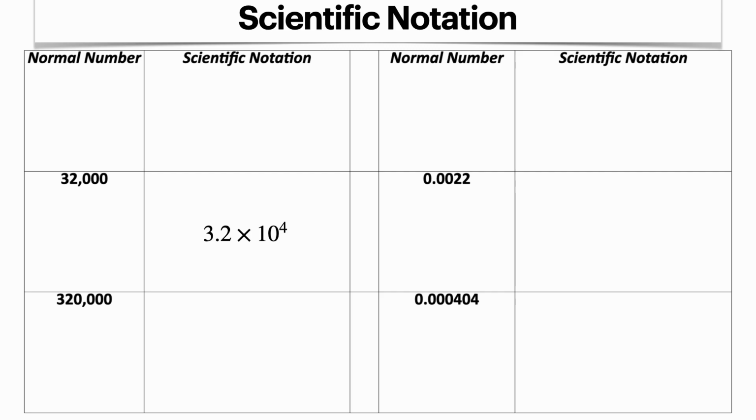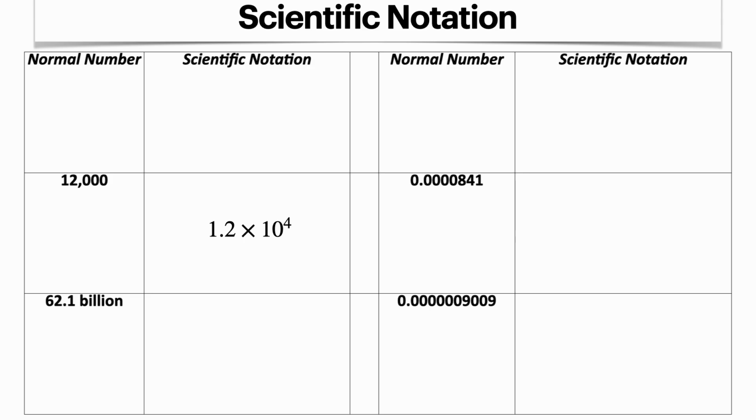It's not 32 times 10 to the third, it's 3.2 times 10 to the 4th. Same thing, 3.2 times 10 to the 5th. And over here we're going the other way, 2.2 times 10 to the negative third. And here would be 4.04 times 10 to the negative 4th. You can see we just have to move that decimal place and count the zeros.